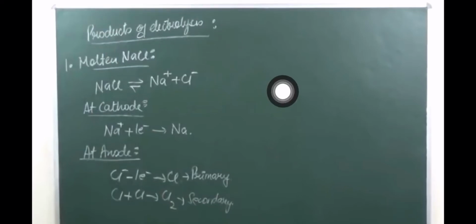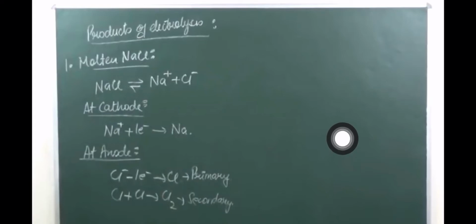Okay, so if we are taking molten NaCl as our electrolyte and carrying out the electrolysis, then what sort of product will be obtained at the cathode and what sort at the anode? If we change our electrolyte, then another product will be obtained at the cathode and anode.